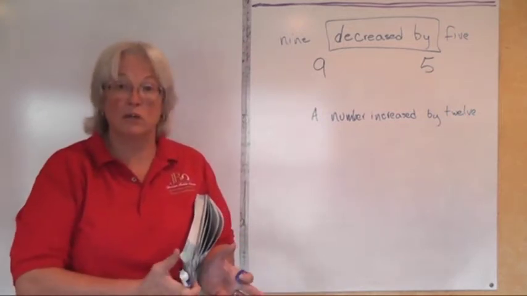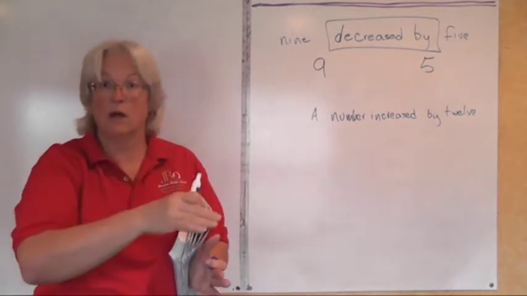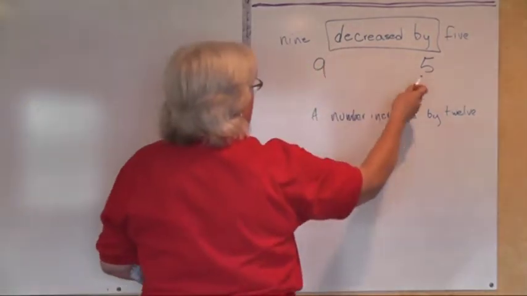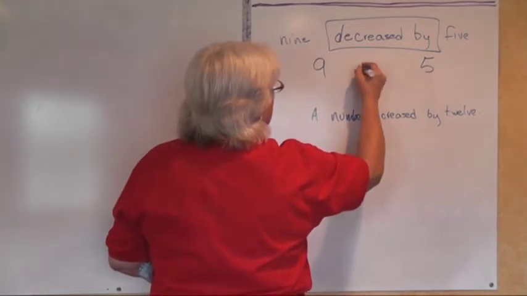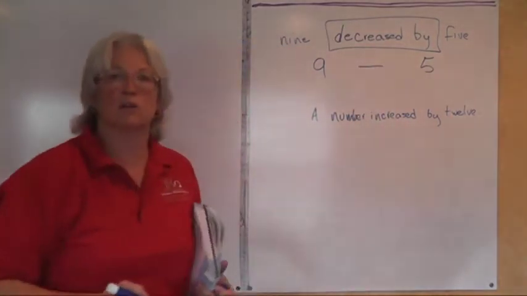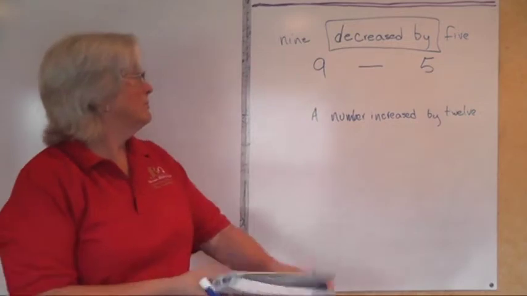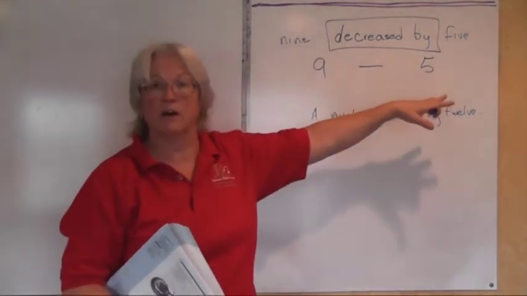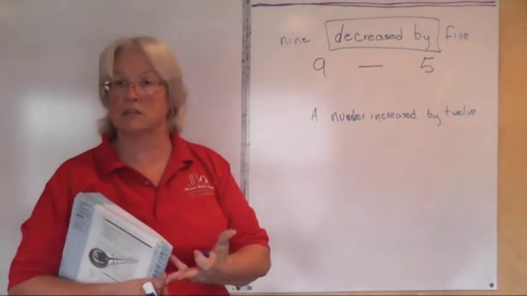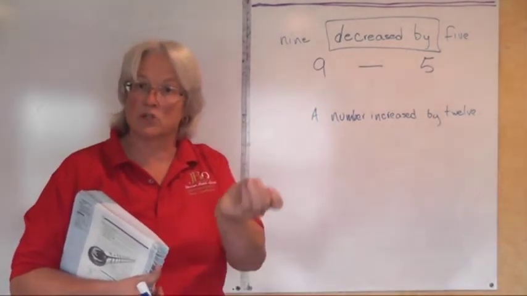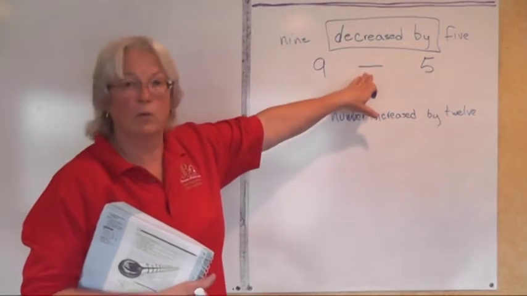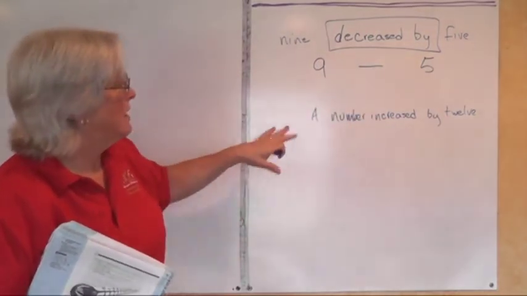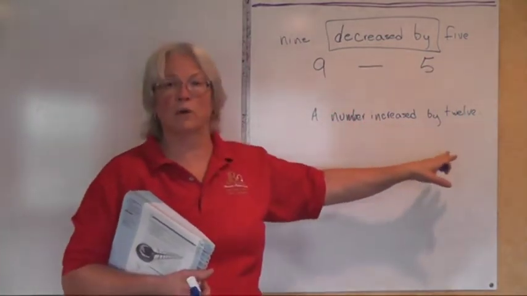We have addition, which increases the size. And we have subtraction. Well, yeah, of course. 9 decreased by 5: decreased by is referring to subtraction, so we use a subtraction symbol. 9 decreased by 5 in English is simply 9 minus 5. So when you see decreased, less than, words where something is shrinking, you're going to be dealing with the operation of subtraction.